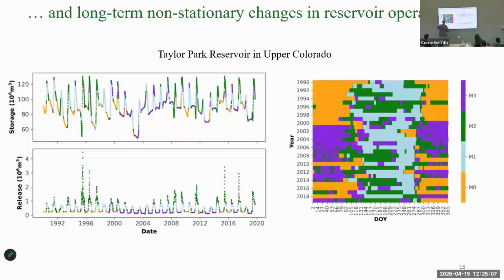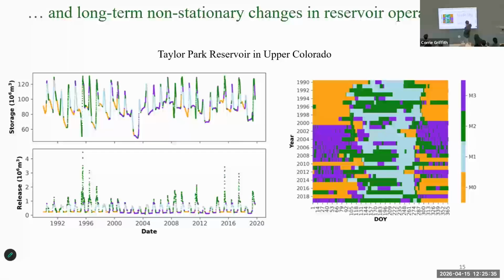And for this reservoir, we identified 4 modules by different colors. And here we show the days of a year. We have 365 days. And on this side, we show years, right? You can see in this part from 1990 to 2000, this yellow one, basically module 0, is used a lot.